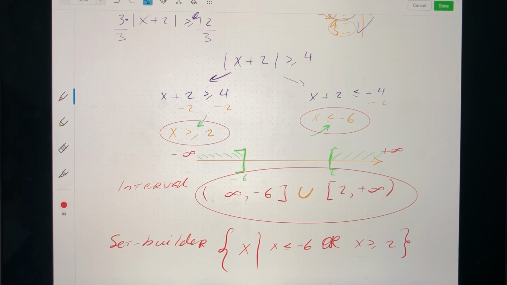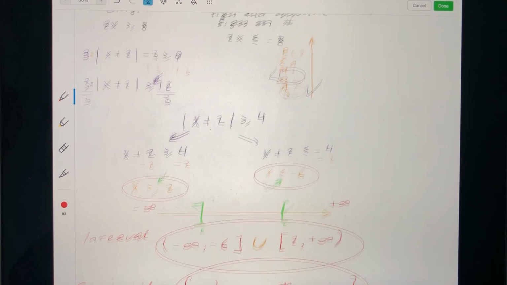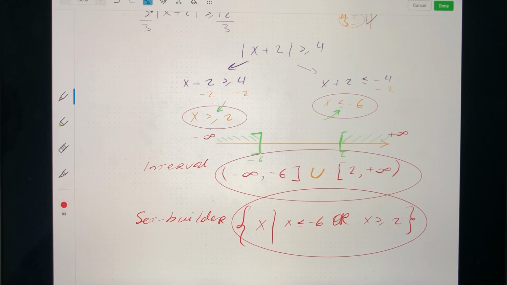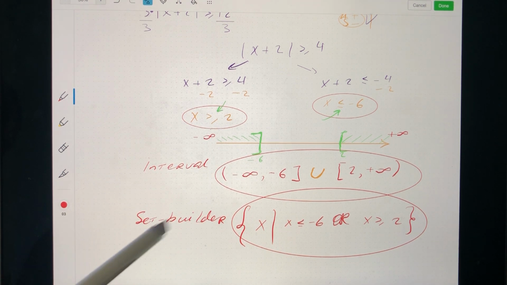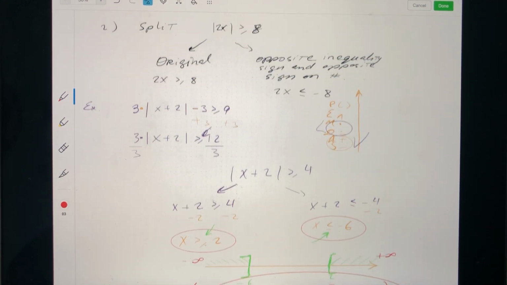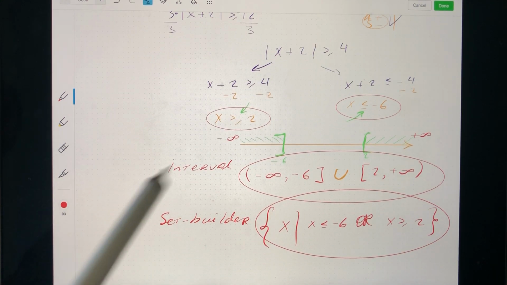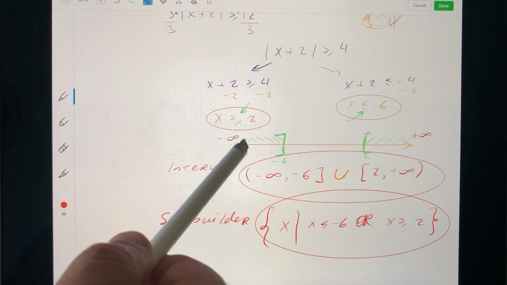Close the curly brackets, and that's the answer in set builder notation. So this is how to solve an inequality of the type or. And depending on what we're asked for, we might have to write the answer in either interval or set builder notation.